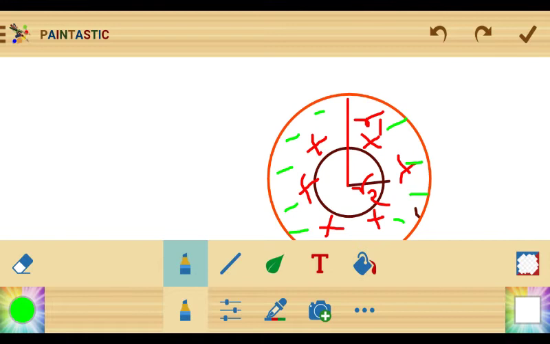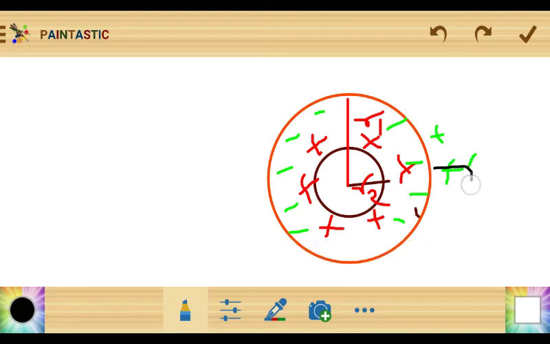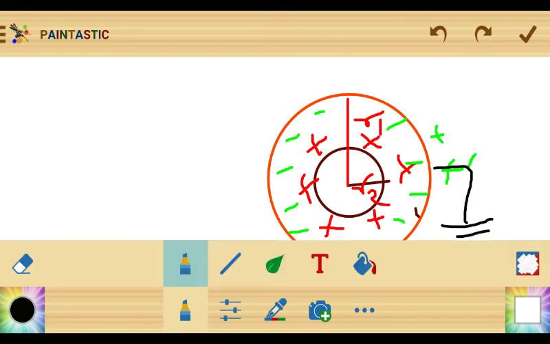You can see the inner one has positive charge, so induced charges develop inside and outside also. Positive charge developed on the outer layer can be removed by earthing the outer layer. I'll earth it, so all this positive charge goes down. The positive charge developed in the outer layer was distributed all around the sphere. As soon as we ground the outer layer, this is how the capacitor is made.